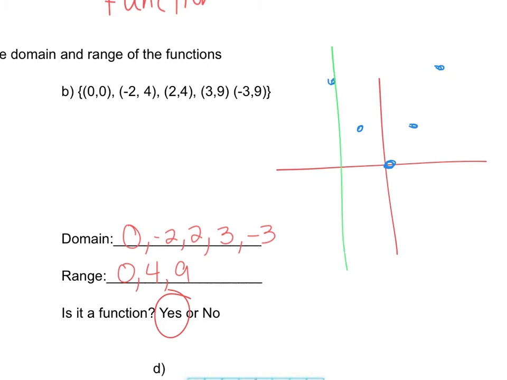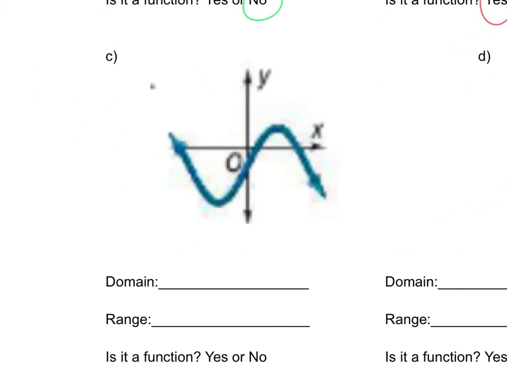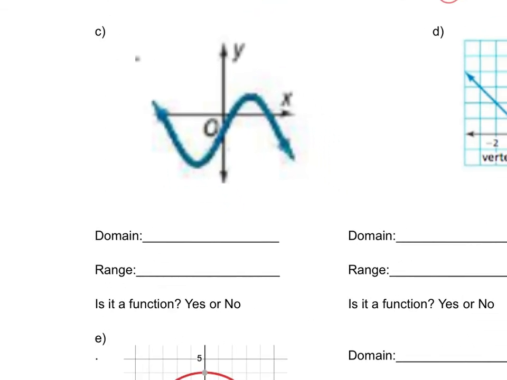As you notice, this passes the vertical line test. Sorry, my vertical lines are looking a little sketchy. Okay, so that's what I mean by is it a function? Yes. Okay, this one, let's just get the easy one out of the way. Is this a function? Looks like it to me. It passes the vertical line test, so this would be a yes.